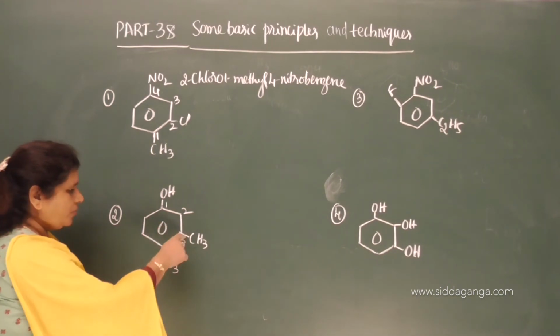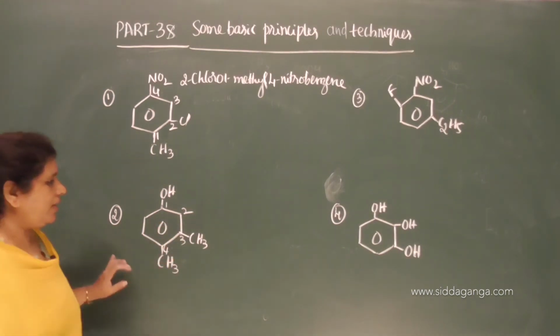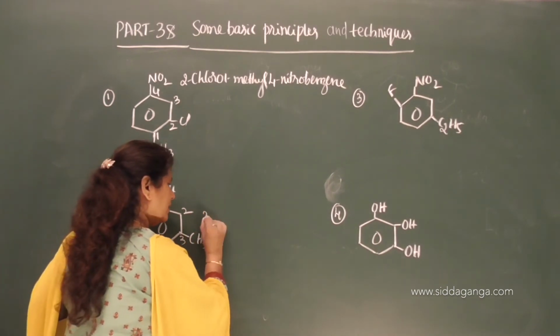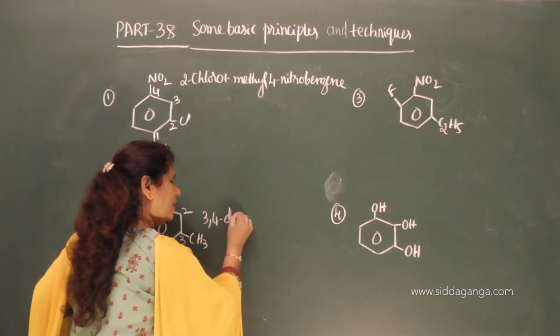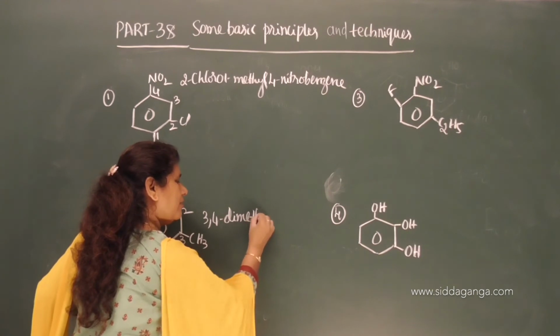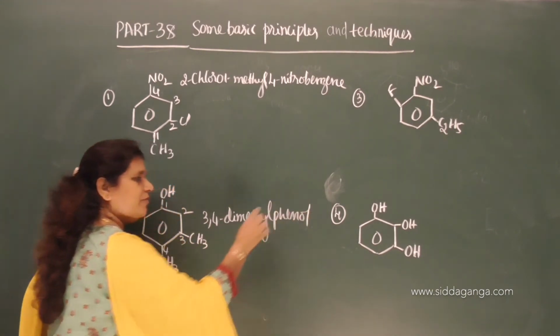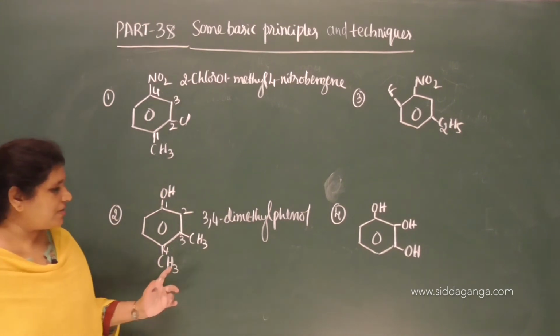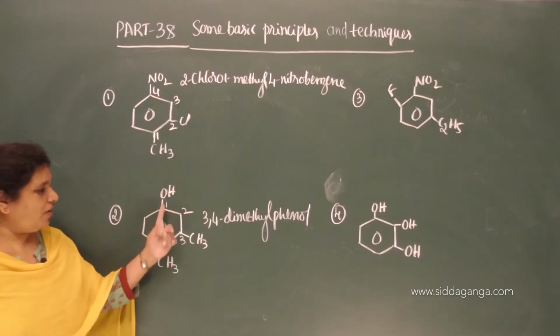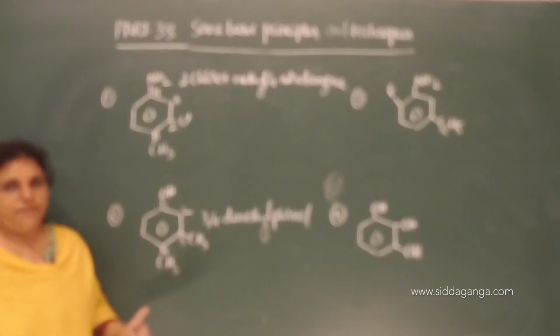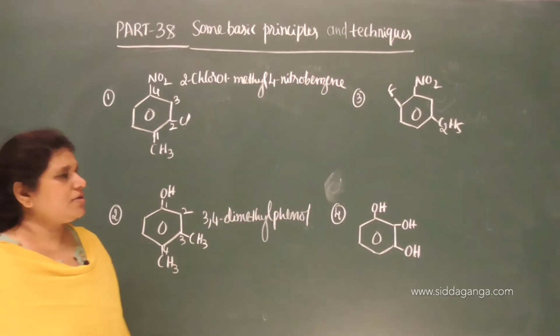So 1, 2, 3, 4. Then 3,4-dimethyl phenol. 3,4-dimethyl phenol is the IUPAC name. Phenol you can take as a root word. Okay.